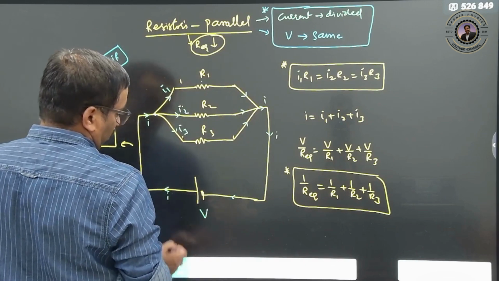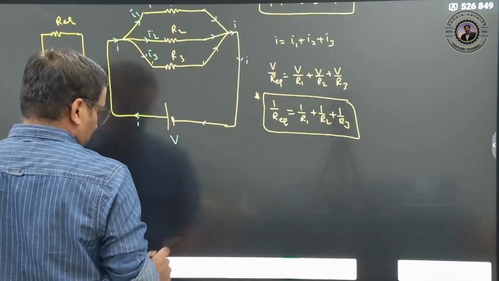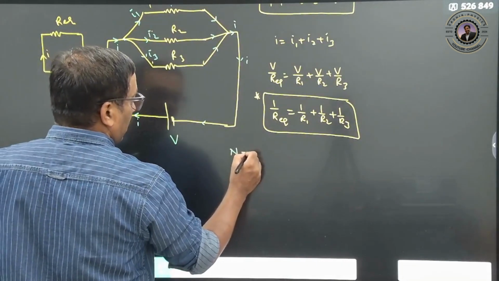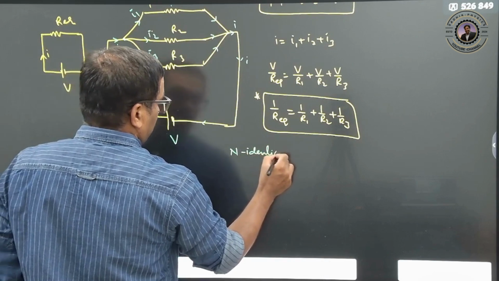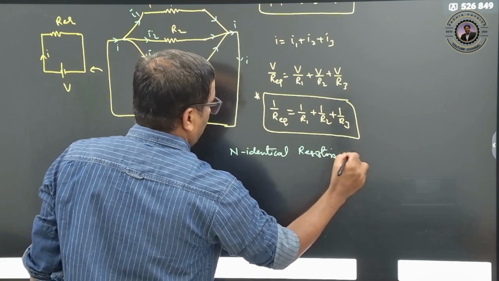Suppose n identical resistors are connected in parallel.